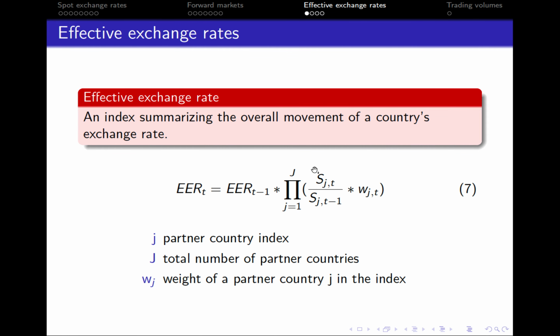Here we have the spot exchange rate at time t divided by the spot exchange rate at time t minus 1. So here we have a relative change in the exchange rate. But look, this spot exchange rate has index j, because this is a bilateral exchange rate with some partner country j. And capital J denotes the total number of countries.